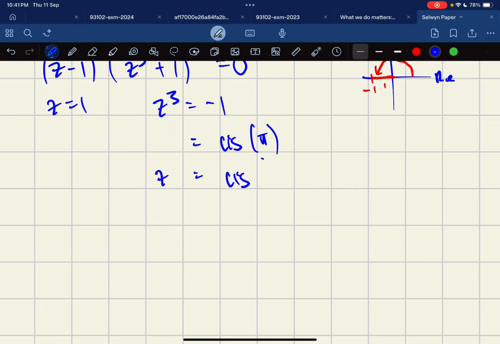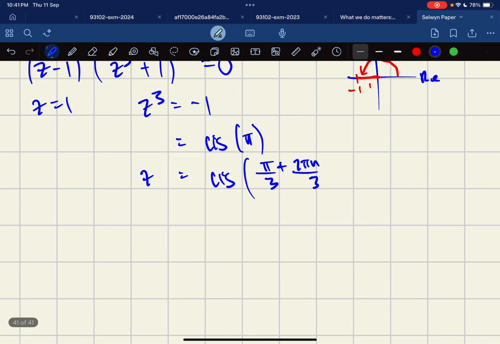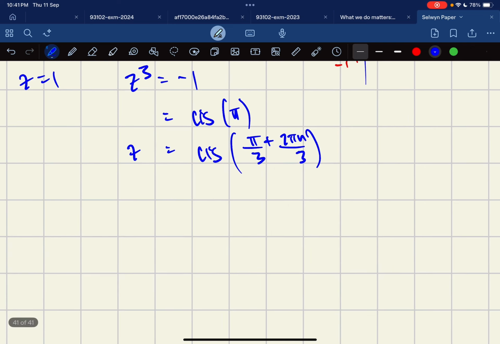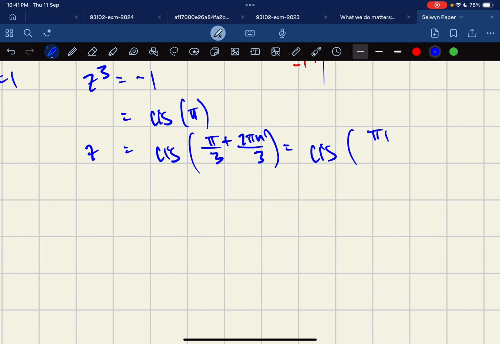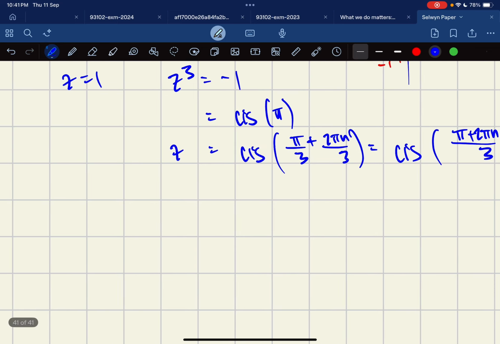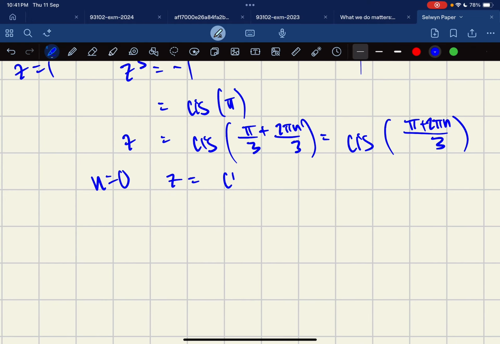So you have cis of pi over 3, and then our general solution tells us there's plus 2 pi n over 3 as well, which we can join together as cis of pi plus 2 pi n over 3. When n equals 0, z is equal to cis of pi over 3.